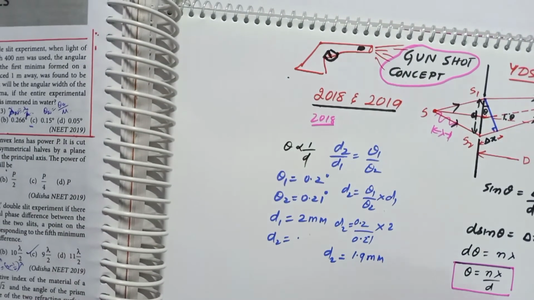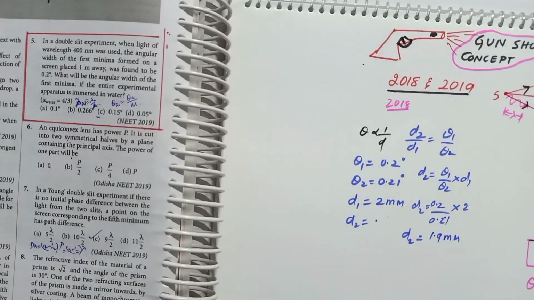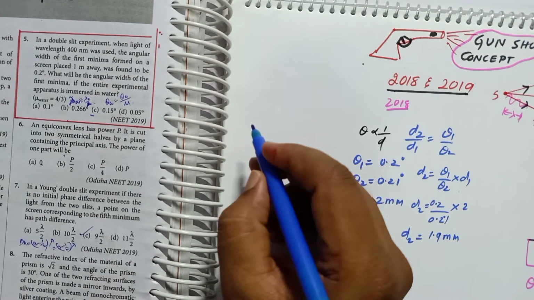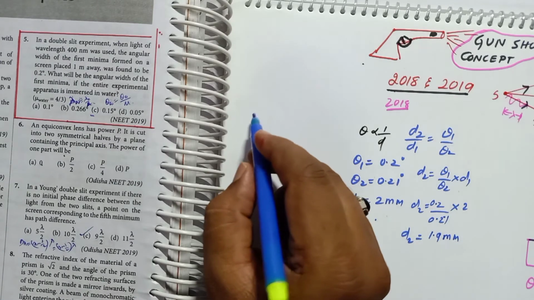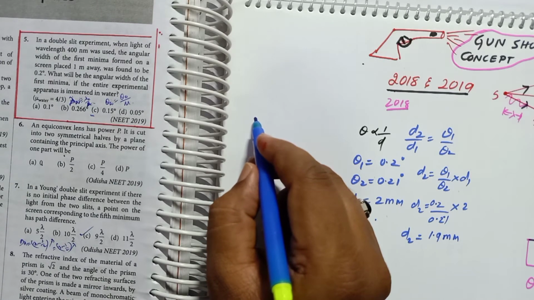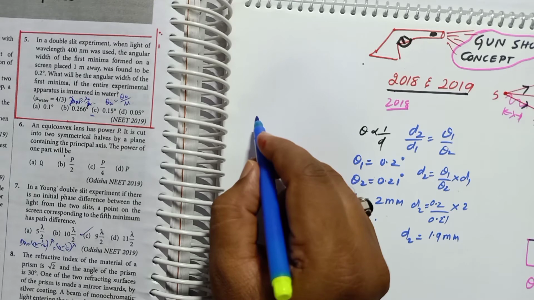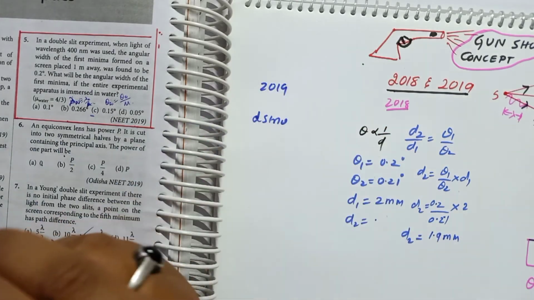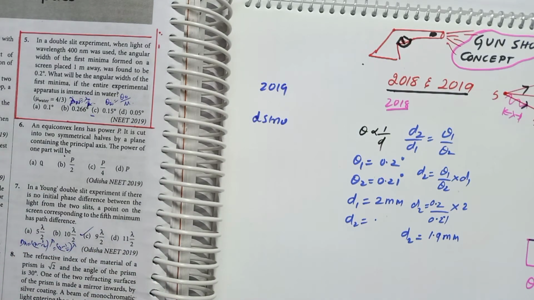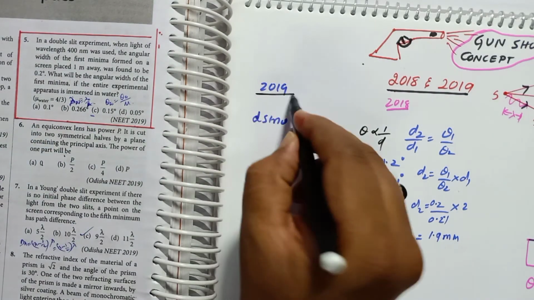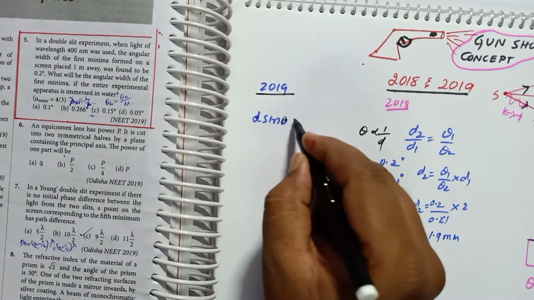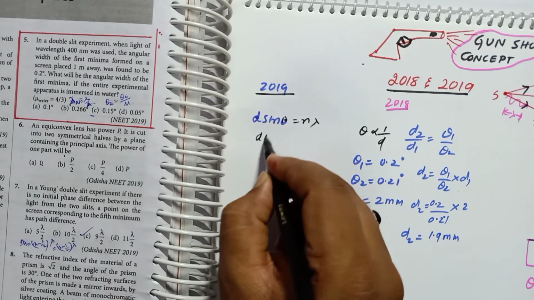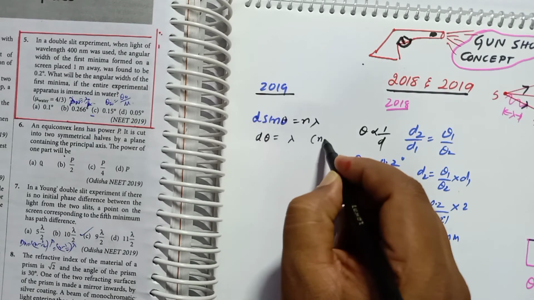Let us see how we can solve a problem of this type by using the same concept given here. This is the 2019 problem which was asked in the previous year. d sine theta is equal to n lambda. If the angle is very small, we can write d into theta is equal to lambda, because n equals 1 here.